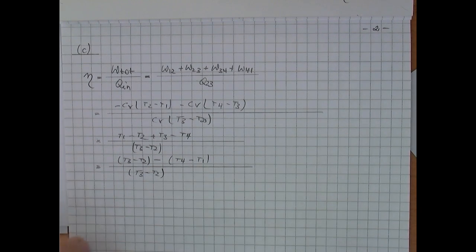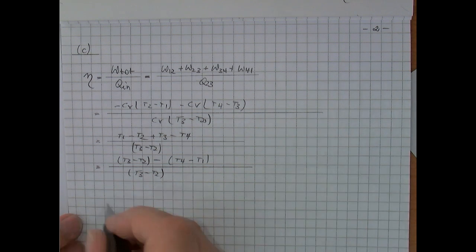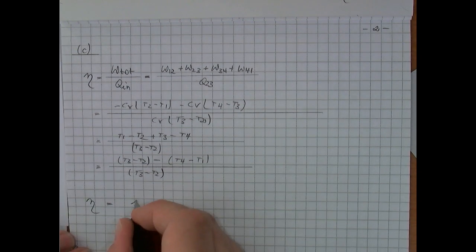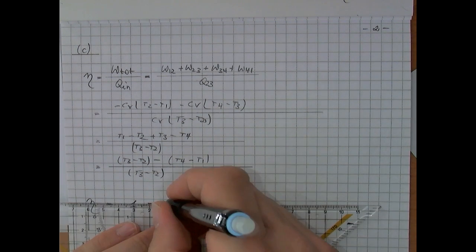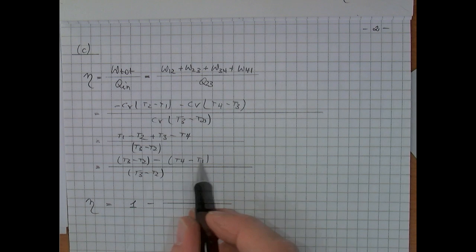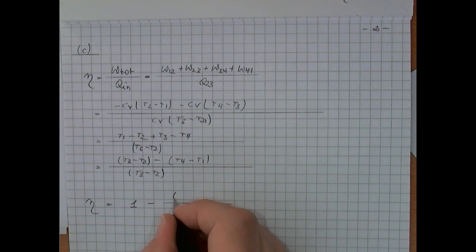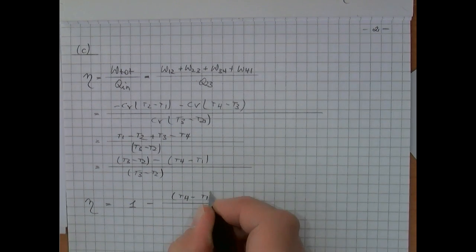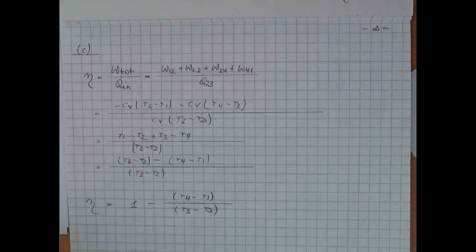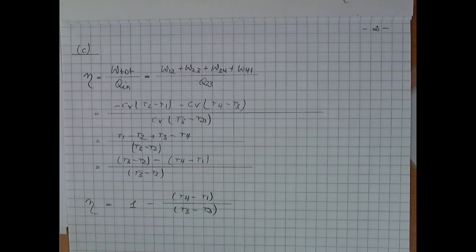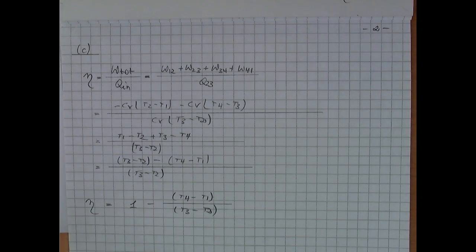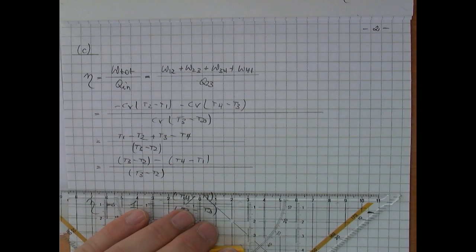So therefore we have then eta, we can write this then as 1 minus T4 minus T1 divided by T3 minus T2. And this is exactly what was given, T4 minus T1, T3 minus T2. Okay.